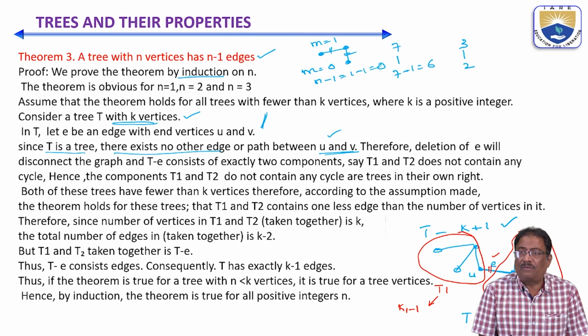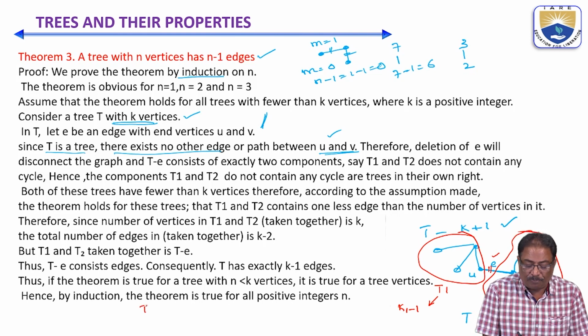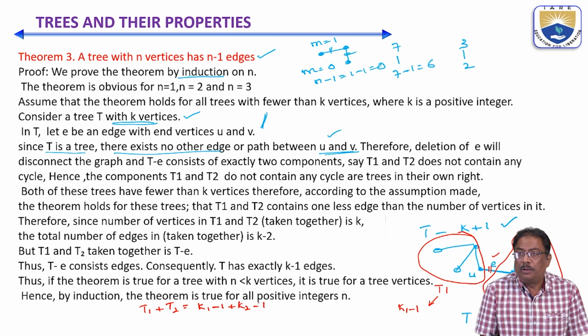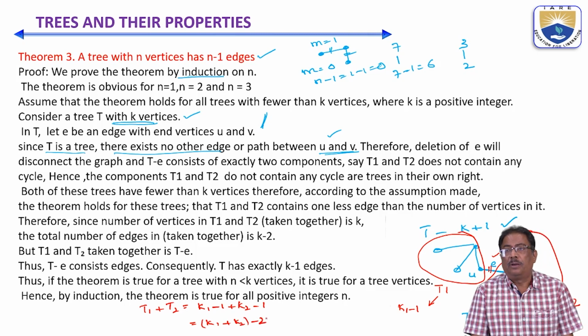Then the total number of edges in T1 and T2 is k1 minus 1 plus k2 minus 1, which gives k1 plus k2 minus 2.